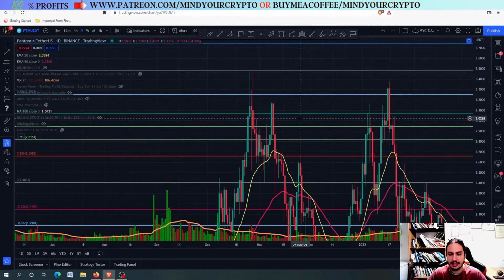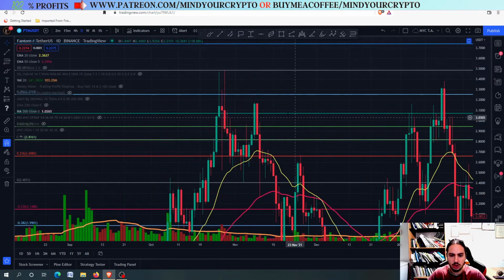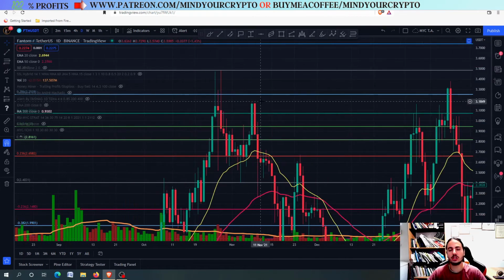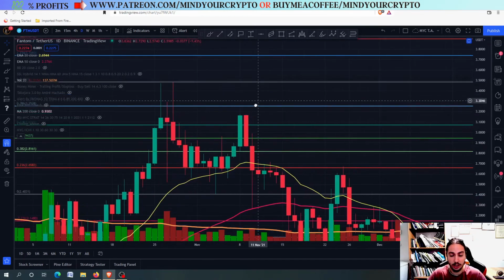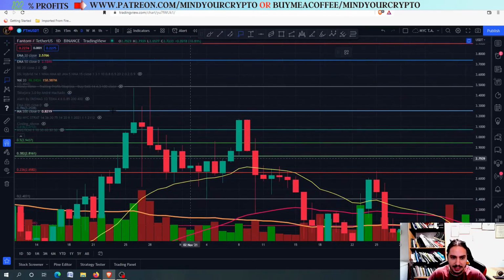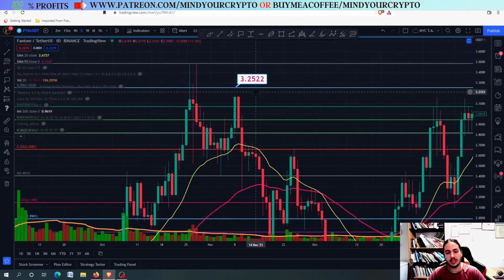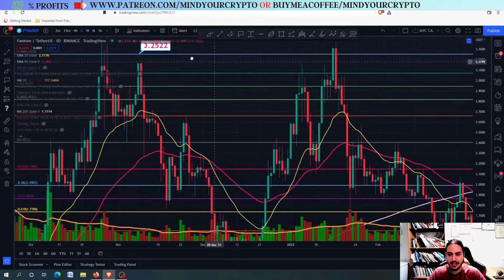In case we do not close above the 0.786, we are not going to see FTM going higher. Look at the 0.786 Fibonacci after drawing the Fib from the top to the bottom. If we didn't close above, we wouldn't go higher.